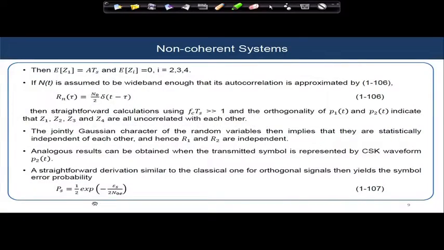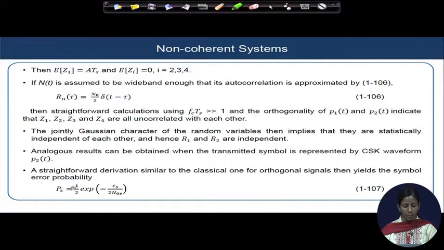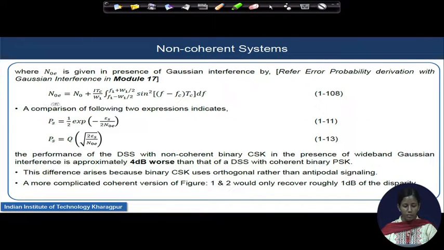Understanding both paths like this, a straightforward derivation of the error probability is also possible, which will be governed by this expression. We have seen it earlier, where N0 is given by the known expression from module 17, considering Gaussian interference.